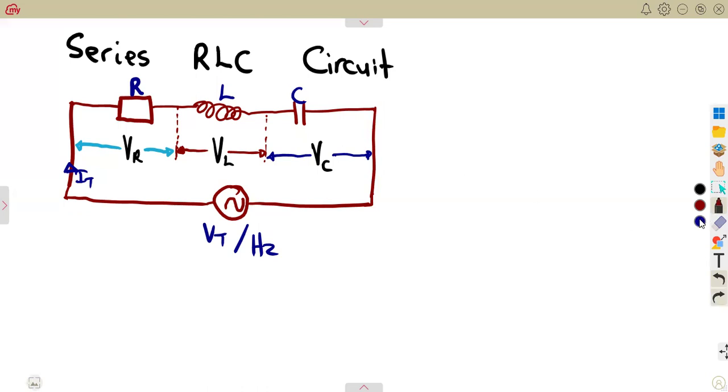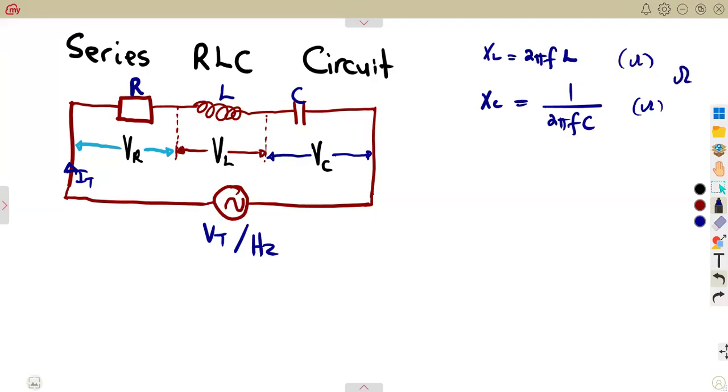So meaning to say, whatever we had is not going to change: the reactance of an inductor, remember, is 2 pi FL, and that of a capacitor is given as 1/2 pi FC. This is what we had for our reactances, which are measured in ohms.